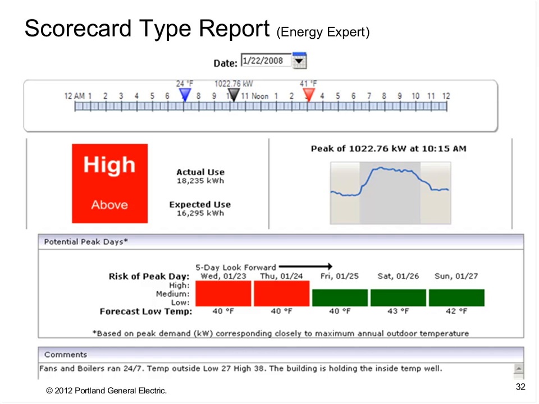You'll see right here we have the low temperature, over here is the high temperature, and then over in the middle is the peak and time of the peak demand you had. It is also labeled beneath by the gray thumbnail, which is spelled out: peak of 1022.76 kW at 10:15 a.m.